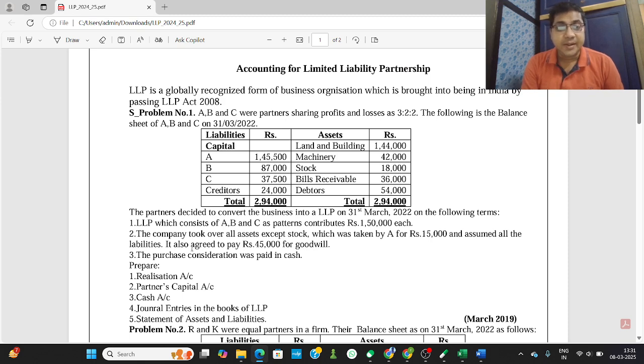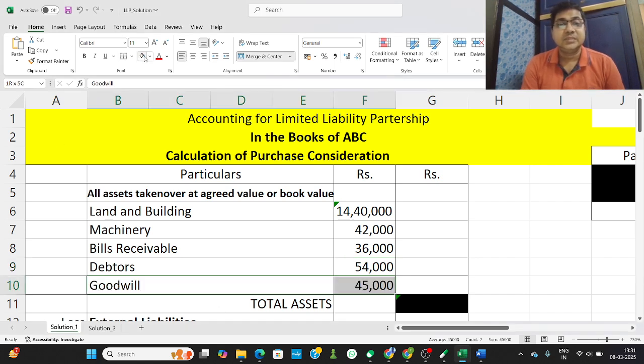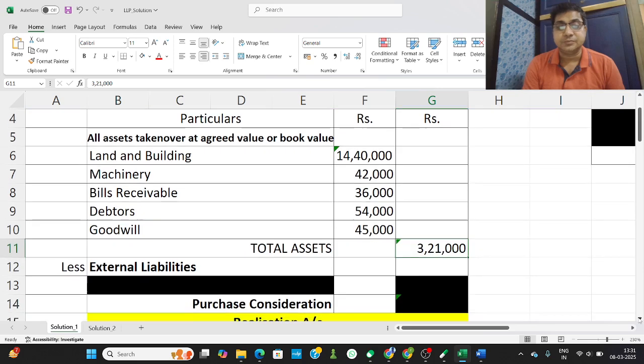It is also agreed to pay 45,000 for goodwill, so we have to consider the goodwill while calculating our purchase consideration. The goodwill is rupees 45,000. We have to total all these assets. The total will be 3 lakh 21,000.